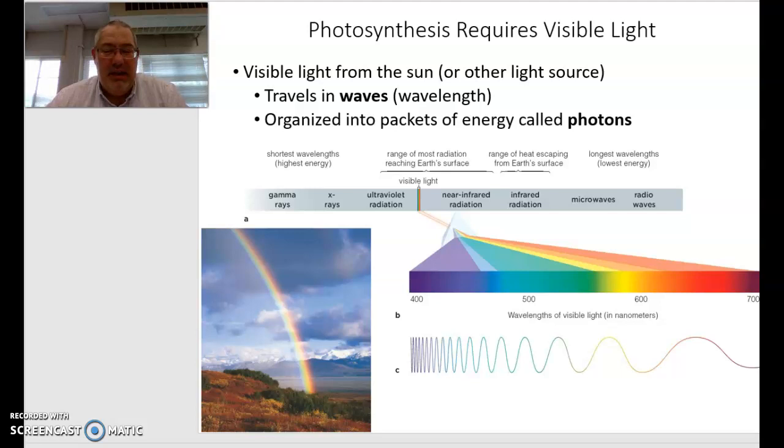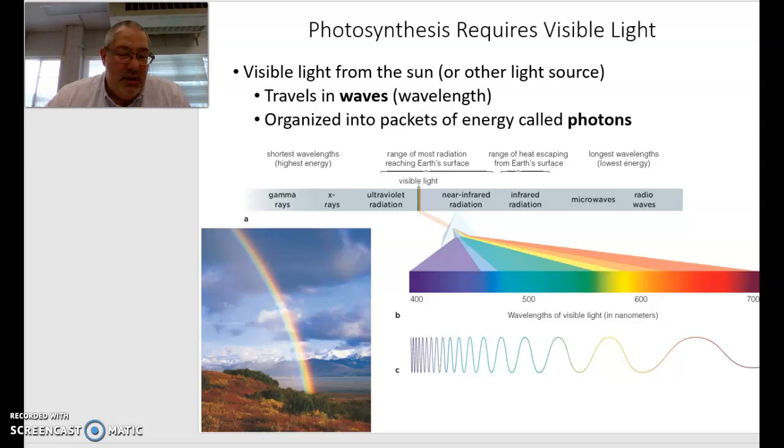Plants can absorb light energy. Our skin can absorb light energy. And this energy, if you will, that's contained in these waves and particles of light are called photons. The electromagnetic spectrum is shown in the middle of this slide, and that is radiation that emanates from the sun, ranging from gamma radiation all the way to radio waves.